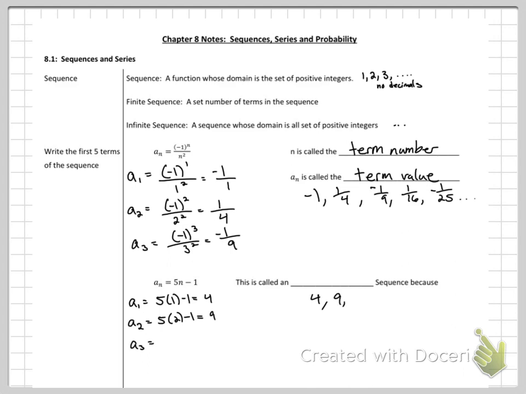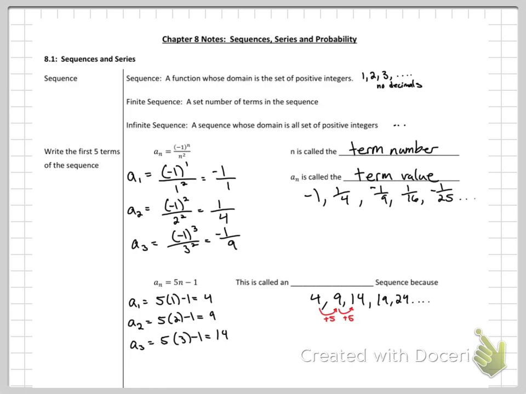A3, plug in 3 for n. But at some point, you can kind of see what's happening. I'm adding 5 to go from here to here, and then I added 5 again to go from here to here. So now I can just do it in my head without showing any work. Plus 5 is going to give me 19. Plus 5 is going to give me 24, and I could continue that, but they only asked for 5.